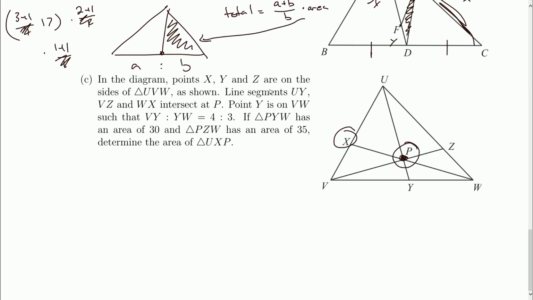Nice little intersection point. Point Y is on VW, so that, okay, here comes a ratio of 4 to 3. We know that PYW has an area of 30. PZW is 35, and we want to determine the area of UXP.